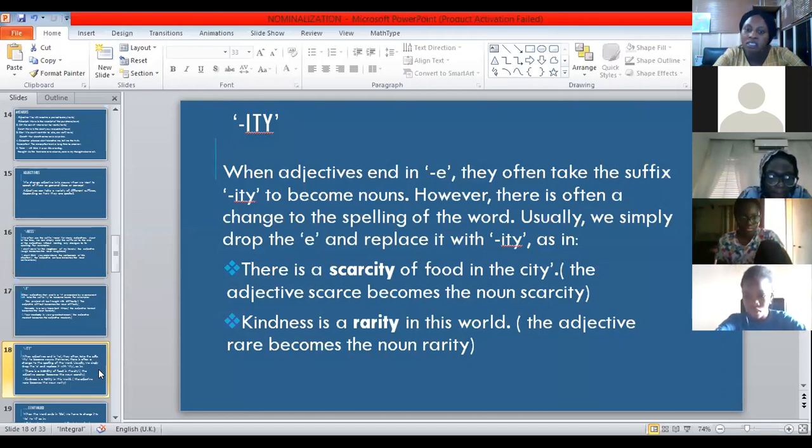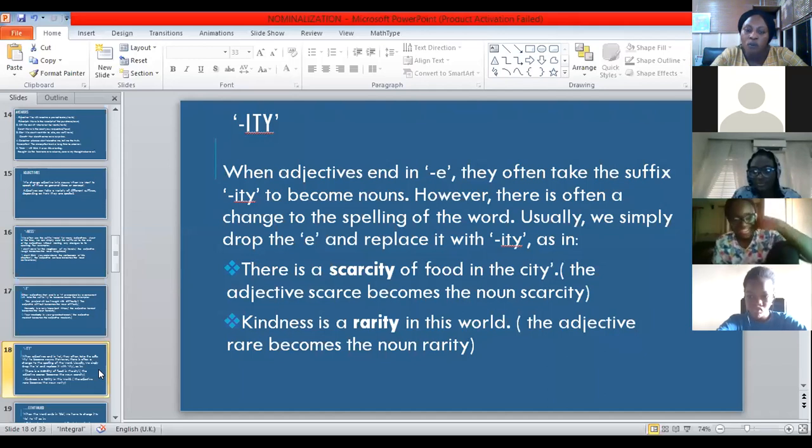Kindness is a rarity in this world. The adjective rare becomes the noun rarity. Now, how do we arrive at the nouns scarcity and rarity? Simple. The adjectives end with e. We remove the e and add ity.